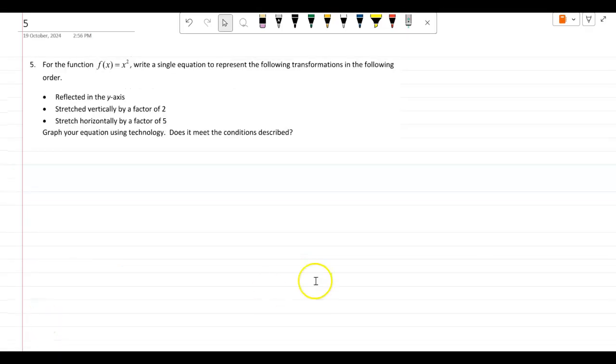I understand. Okay, f of x is equal to x squared. Write a single equation to represent the following transformations in the following order. Reflection in the y-axis. When you reflect in the y-axis, x will change sign. So minus x squared. Correct.